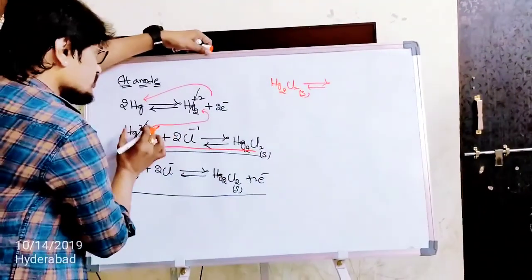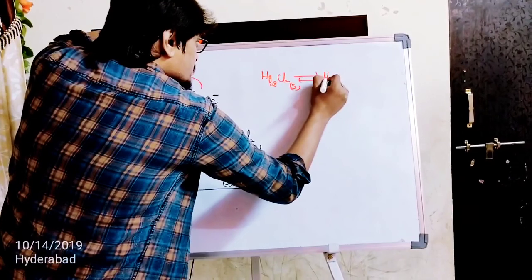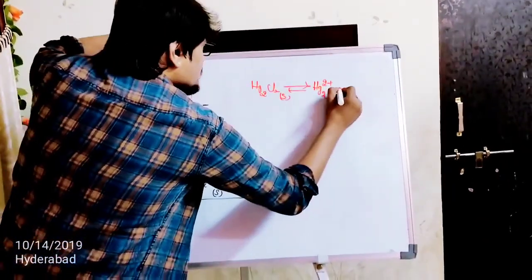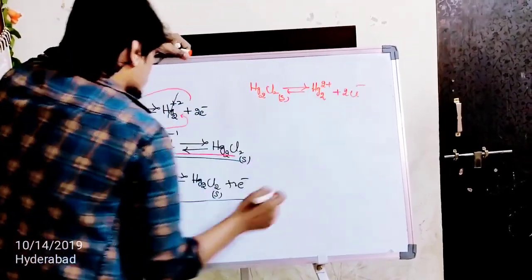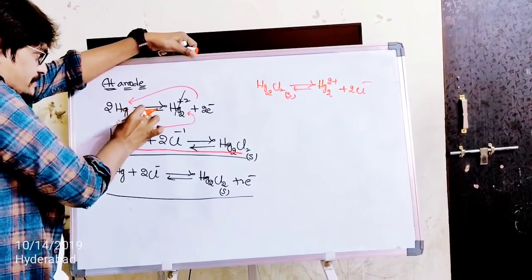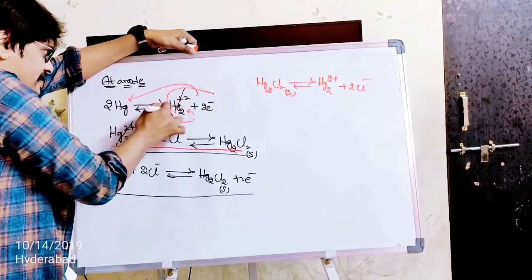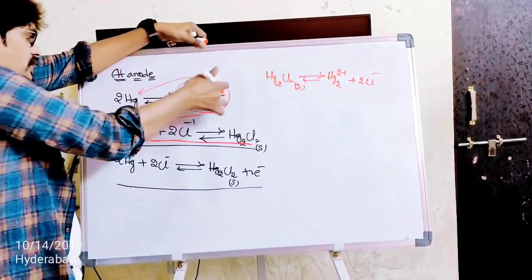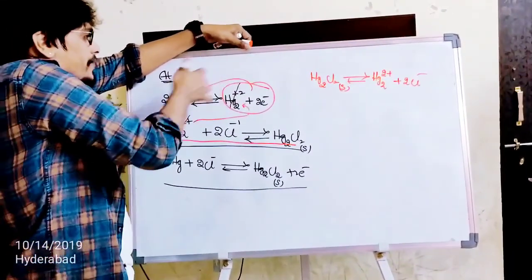Hg2Cl2 initially undergoes dissociation, resulting in the formation of Hg2 2+ and Cl minus. Now what happens? The next step is this one: Hg2 2+ plus 2 electrons giving rise to mercury.